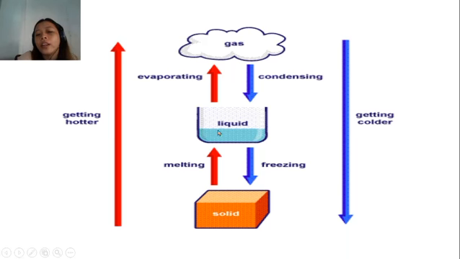And for the liquid, if the temperature gets colder, it will undergo the freezing stage, and eventually it becomes solid, because our liquid or water will be converted into ice, which is the solid form. And the same also for melting. So our ice, when it melts, becomes liquid.